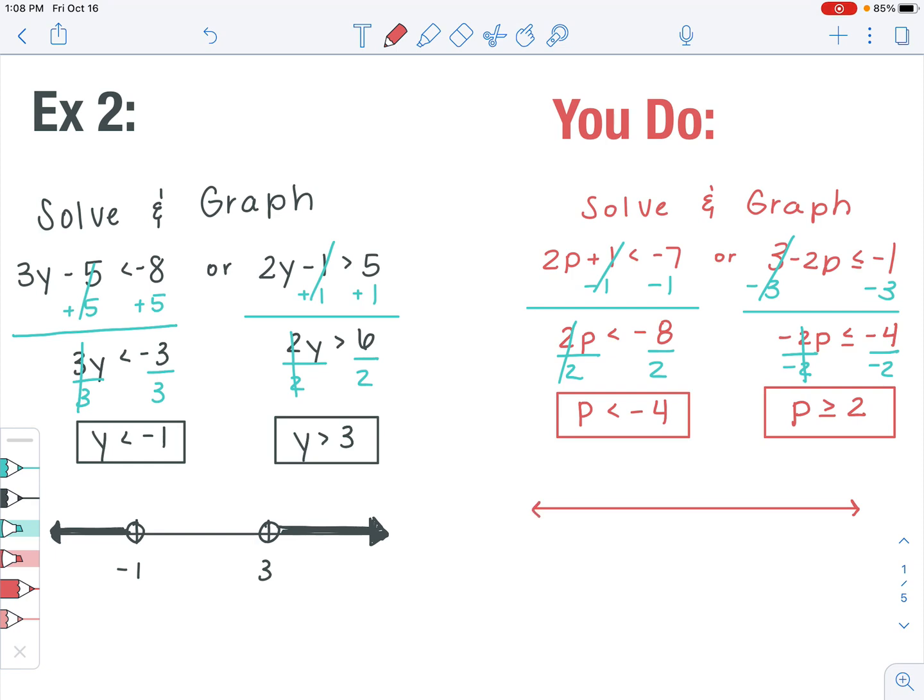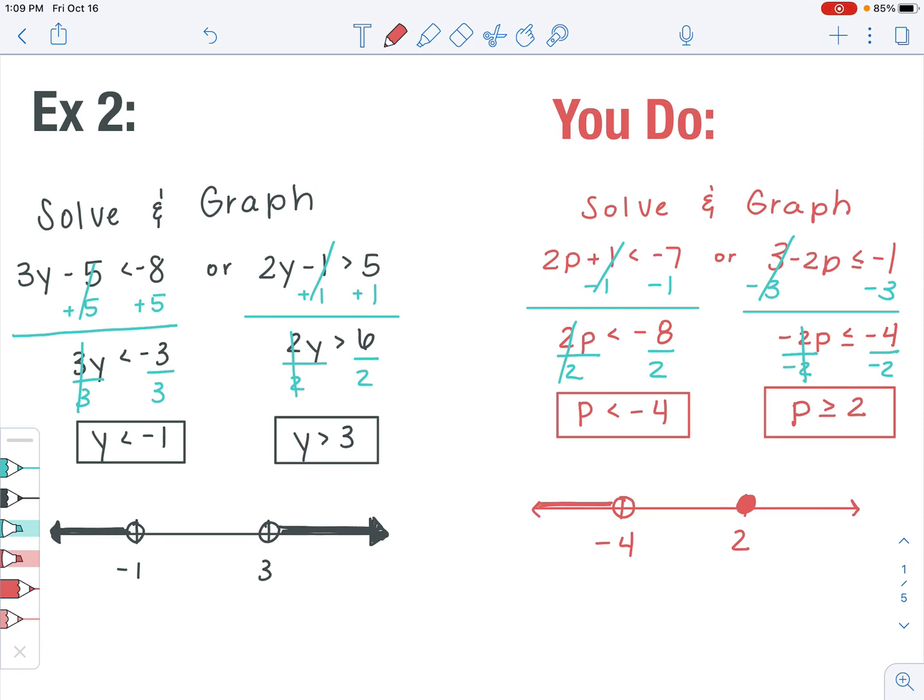When I go to graph it, I'm going to bring down my -4. I'm going to bring down my 2. My -4, it's an open circle. My 2 gets a closed circle because it has the little bar under it. It has that equal to. And then I see that I want p to be less than -4.